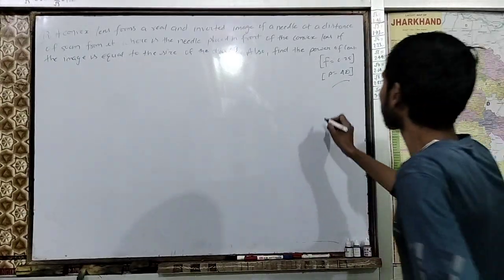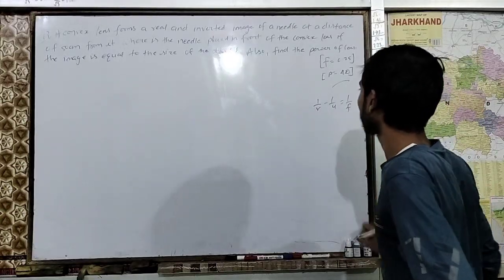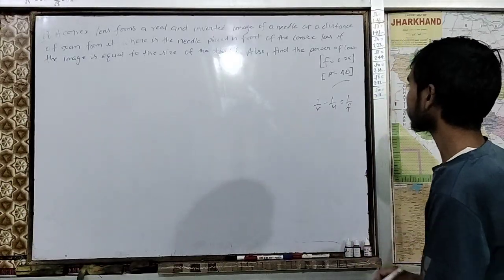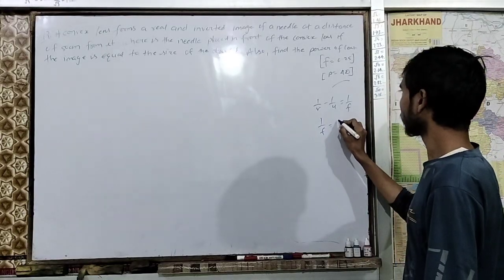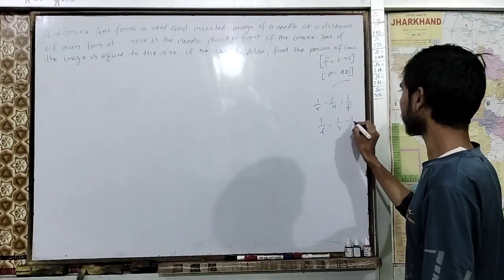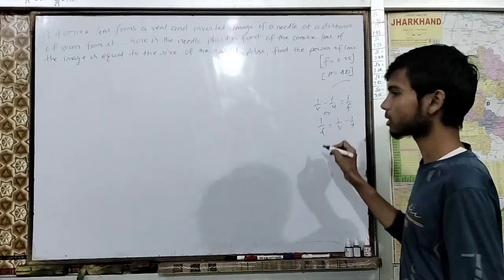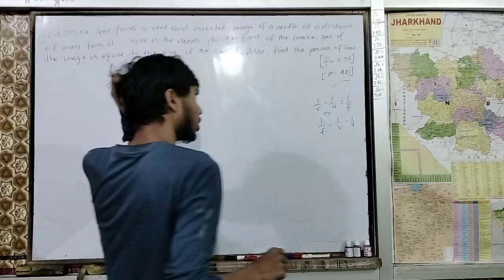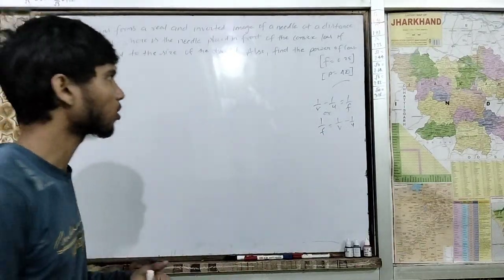And the lens formula is what? 1 upon v minus 1 upon u is equal to 1 upon f. That means 1 upon f is equal to 1 upon v minus 1 upon u. Both are the same. This is our lens formula. Of course, the mirror formula is what?